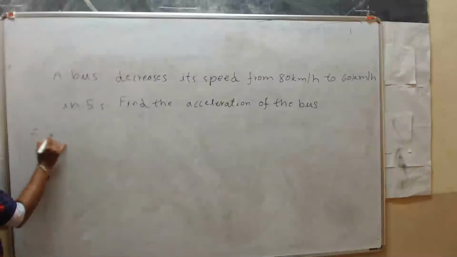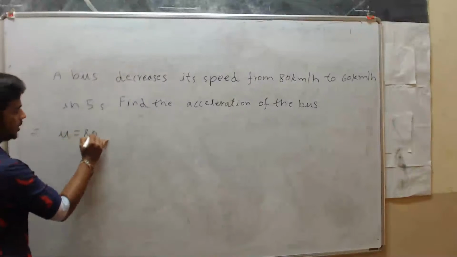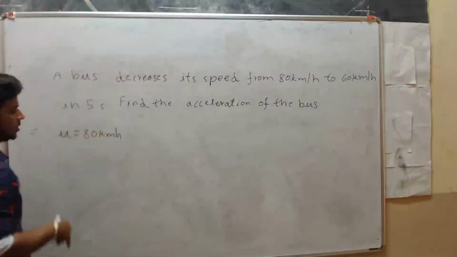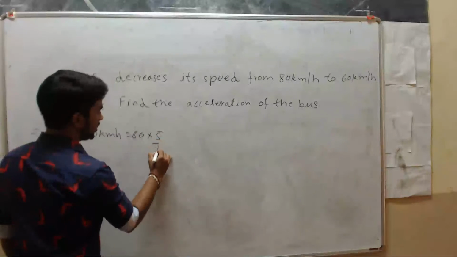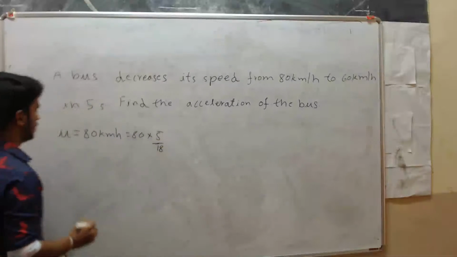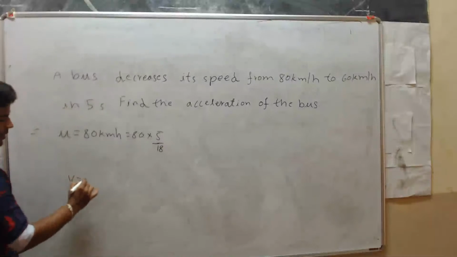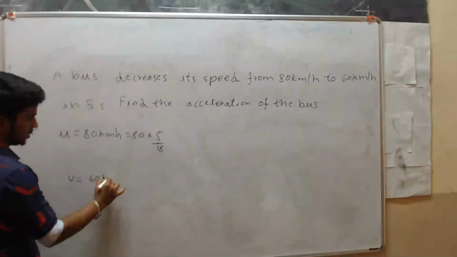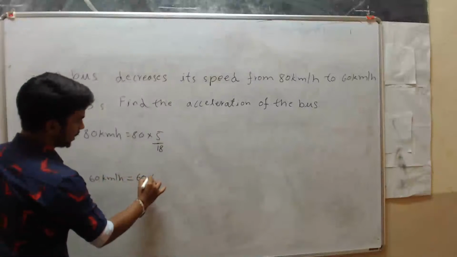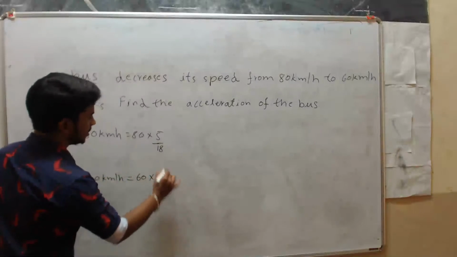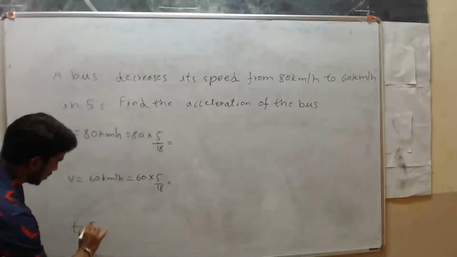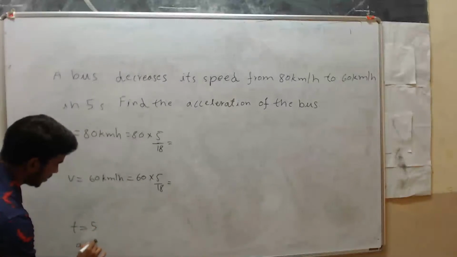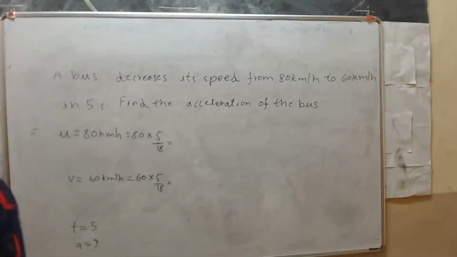So clearly initial velocity u is equal to 80 kilometer per hour. Convert into meter per second. Already you know, 80 into 5 by 18. Then final velocity is 60 kilometer per hour, so 60 into 5 by 18. What is the answer? So t is equal to 5 seconds and we need acceleration. First, tell me the answer.